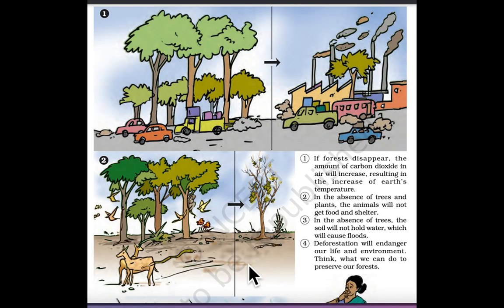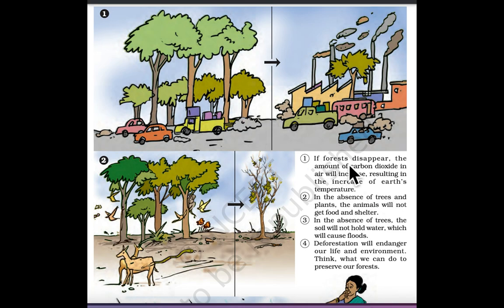Now the very important aspect, what are the consequences of deforestation? Means if we cut the forest, what will be the effect? Or you can say if forest will disappear, then what will happen?